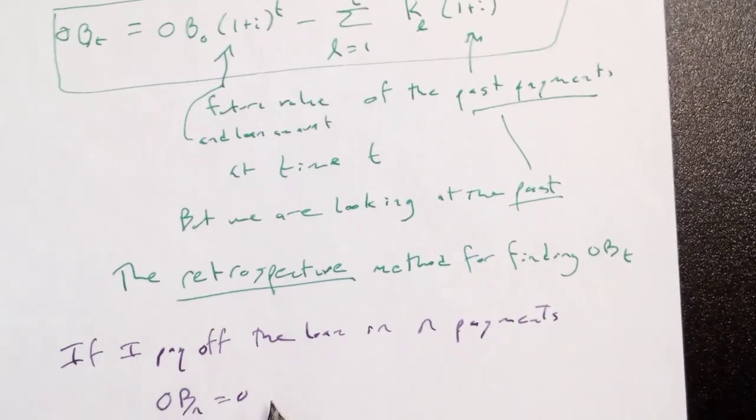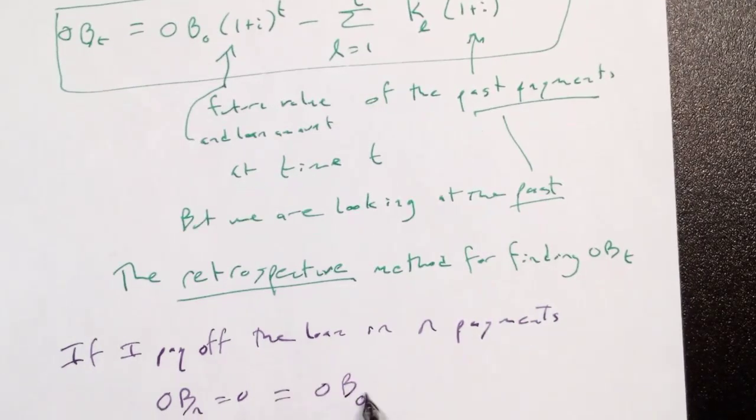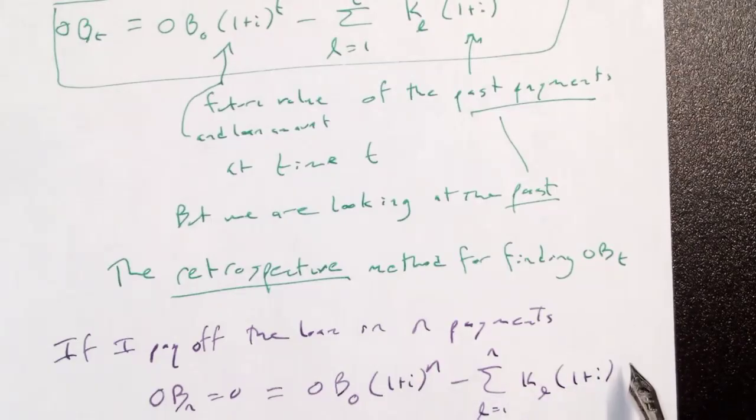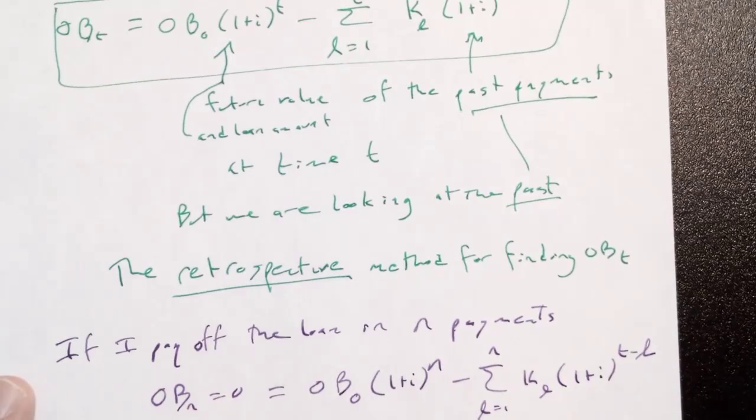And that will be OB0, 1 plus I to the n, using this retrospective form, minus sum L equals 1 to n, KL, 1 plus I to the n minus L, but that's equal to 0. So if I move this to the other side, I get OB0, 1 plus I to the n equals the sum KL, 1 plus I to the n minus L, L goes from 1 to n.